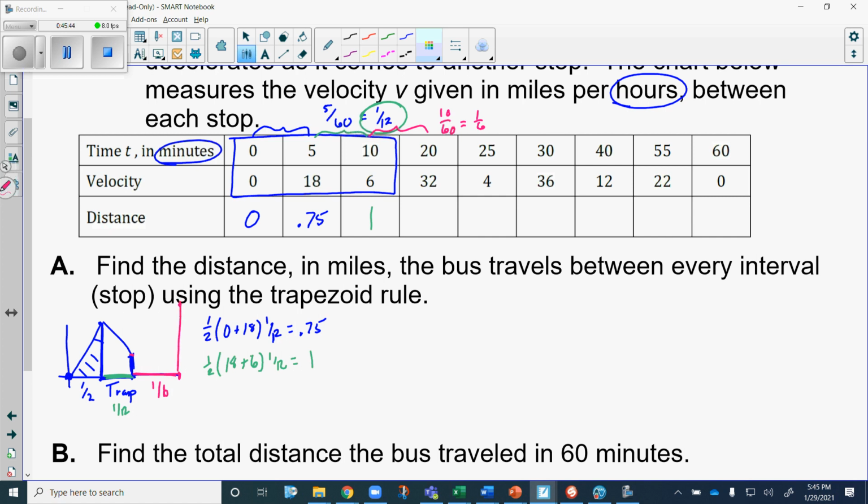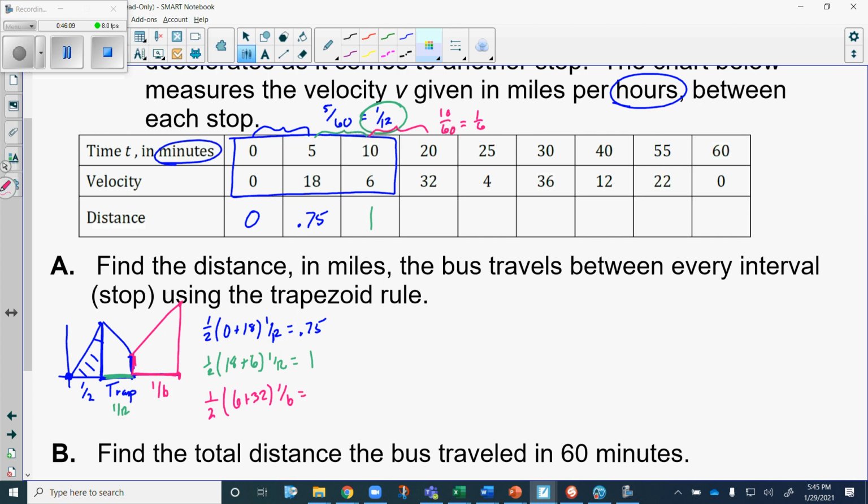So we kind of have this trapezoid right there, kind of in that pinkish color. So here, half of the sum of the bases, in this case, would be half of 6 plus 32. And the time here is 1/6 of an hour. So that's the height of the trapezoid, really.